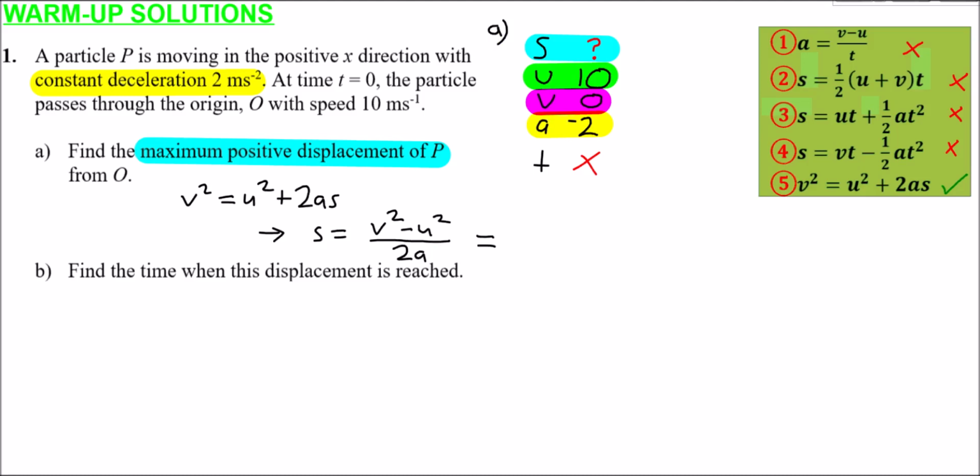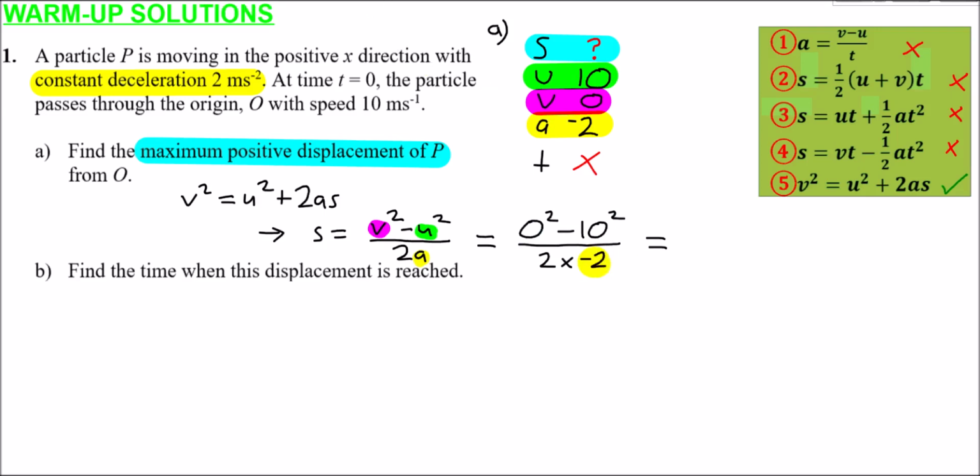We know v, when it's at its maximum displacement, will be 0. u, the starting velocity, is 10. And a, because it's a deceleration, we know to be minus 2. So 0 squared minus 10 squared, all over 2 multiplied by minus 2.